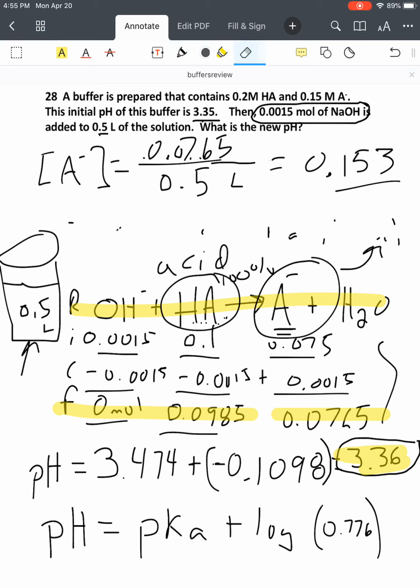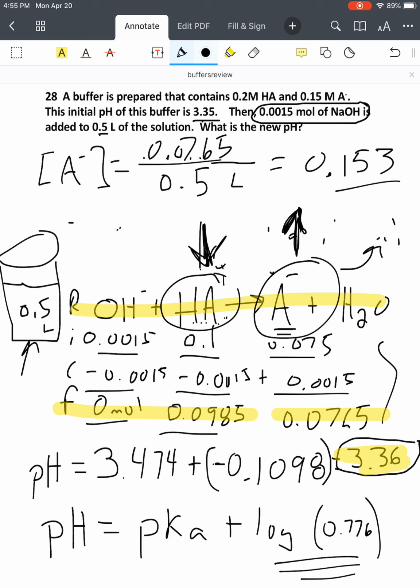I increased the amount of conjugate base present, and I decreased the amount of the acid present, didn't I? That affected my ratio term in my Henderson-Hasselbalch equation. And because of that, the pH changed, and it went up ever so slightly. Not very much, because I didn't add very much sodium hydroxide, but the pH did experience a small increase.